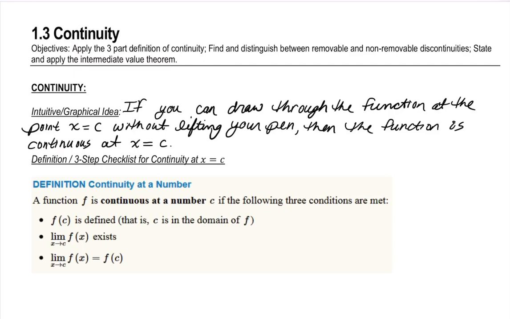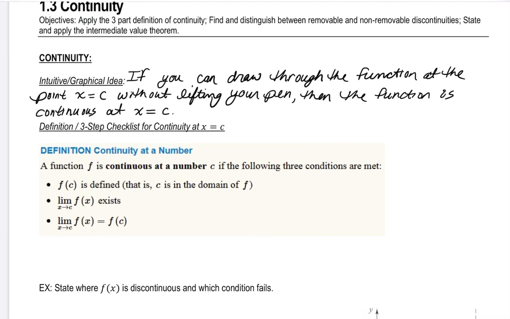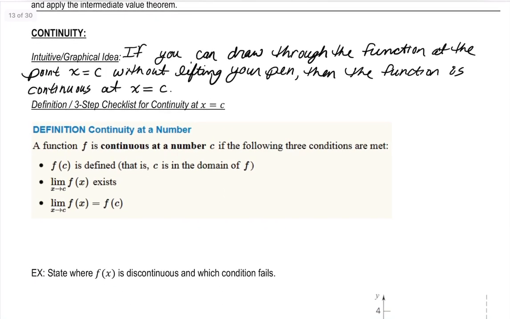This is right from your text, there is a 3-part definition of continuity that we are going to translate into our 3-step checklist for determining whether or not we have continuity at a point, and if we don't, we want to be able to precisely say which condition fails.